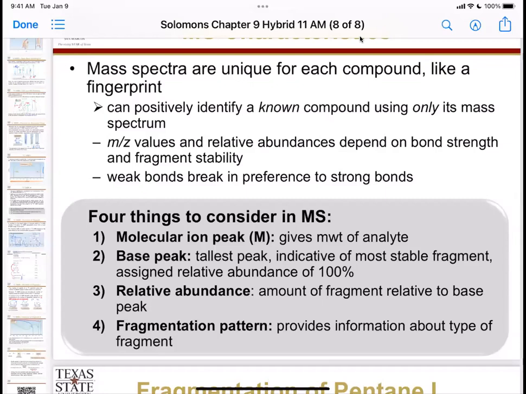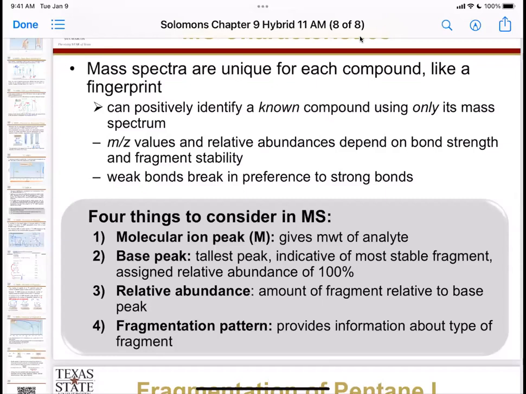Okay. So the four most important things we need to look at start with the molecular ion peak. The molecular ion peak, write this down, is the highest molecular weight peak on our spectrum. It tells us the molecular weight of what we're trying to analyze, our analyte. It's not always big.